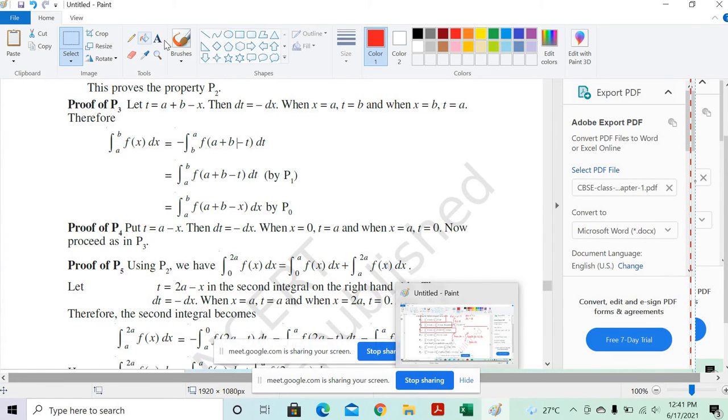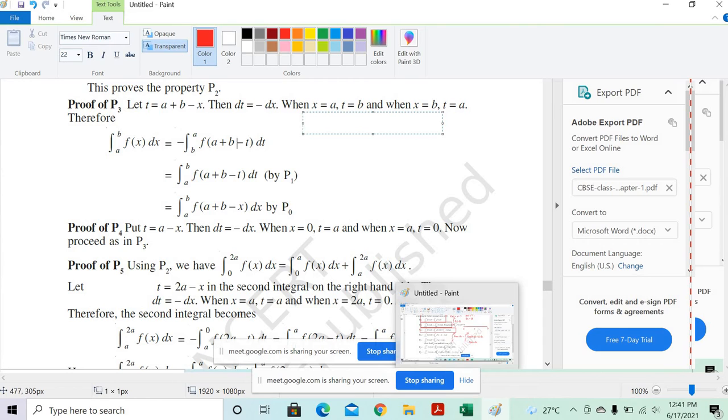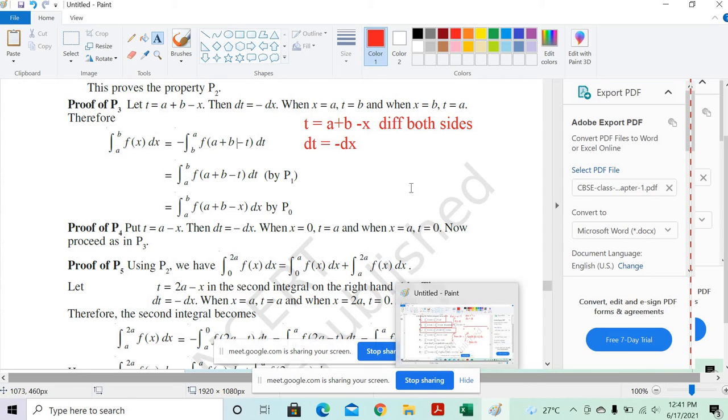You put t equal to a plus b minus x, correct? Now differentiate both sides. So you get dt equal to minus dx, correct?